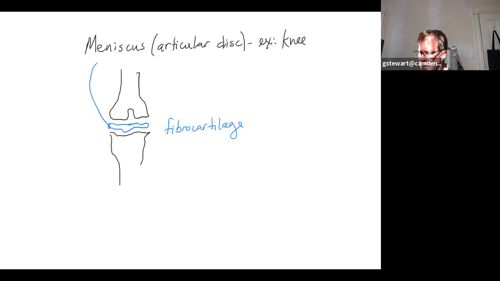So it can extend slightly past the edges of this joint, which gives more surface area to absorb shock, as well as distribute fluid and create new movements.